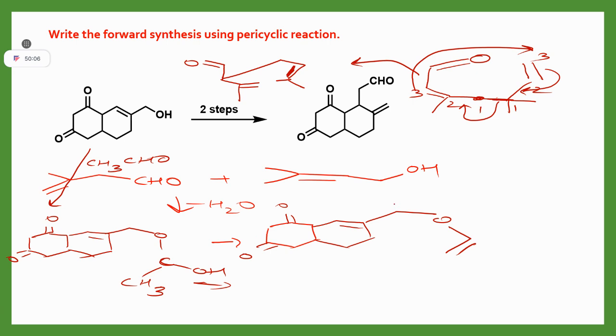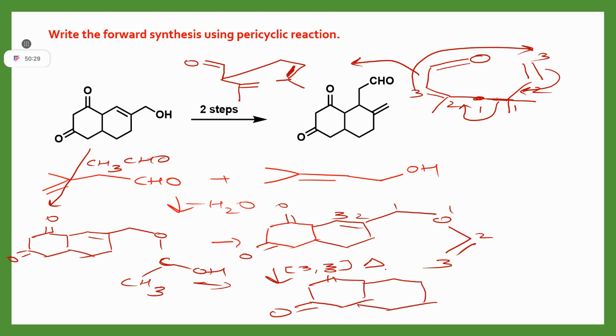So now you are clear that this system has become viable for your 3,3 sigmatropic rearrangement, right? So upon 3,3 sigmatropic rearrangement, obviously heating condition is needed here. This bond is going to connect to this carbon, this bond, right?